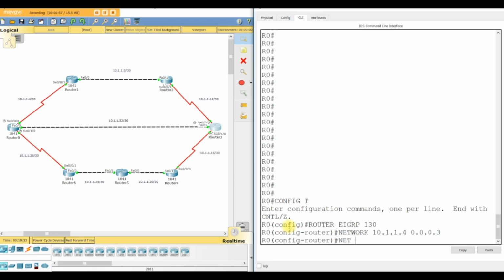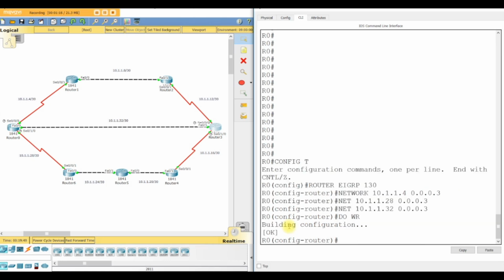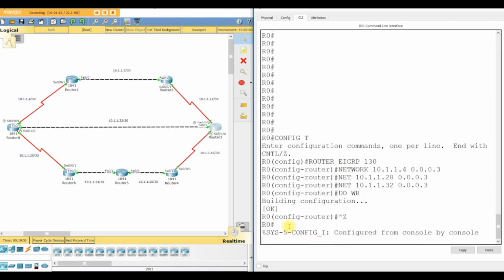Net, we're using 10.1.1.28 0.0.0.3. And then we're also doing the 32: net 10.1.1.32 0.0.0.3. Enter.